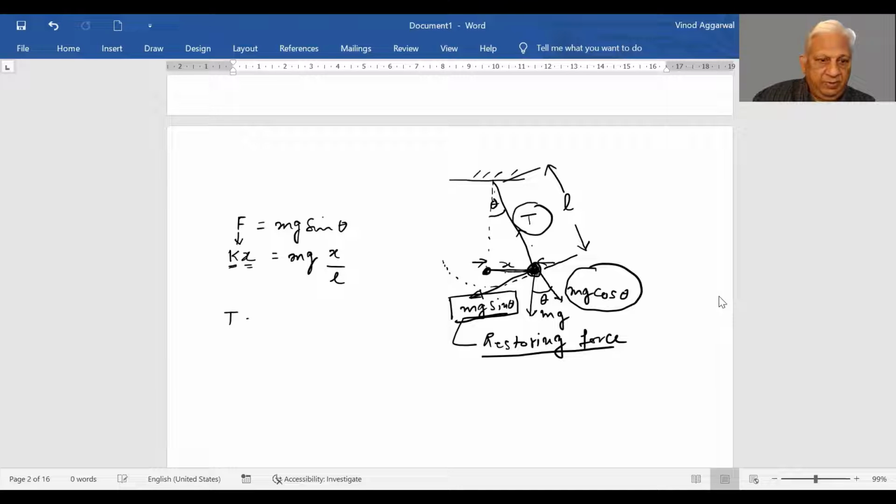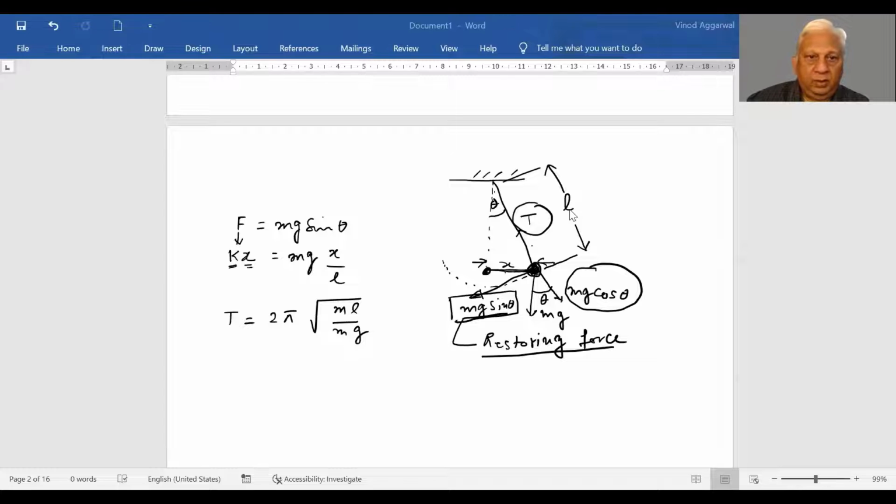So time period can be expressed as 2 pi root of m by k. We have already seen earlier, this is our m, and this is our k from here.